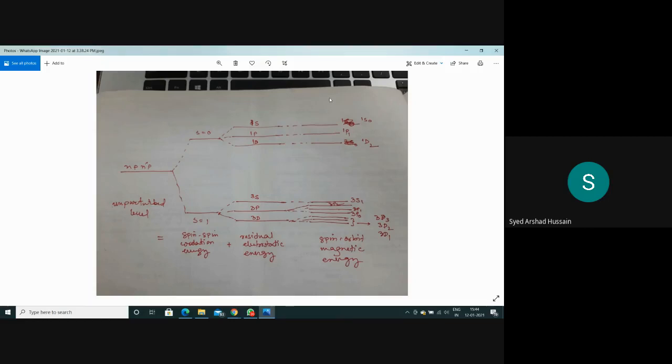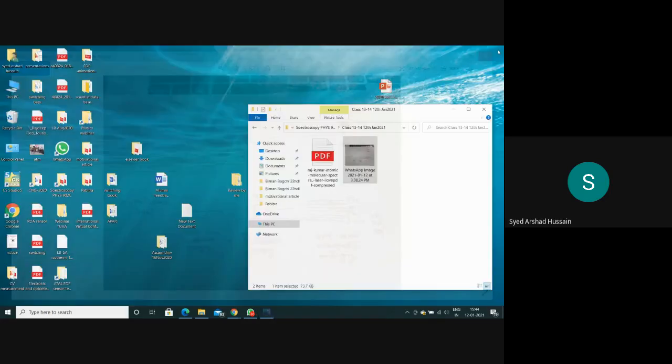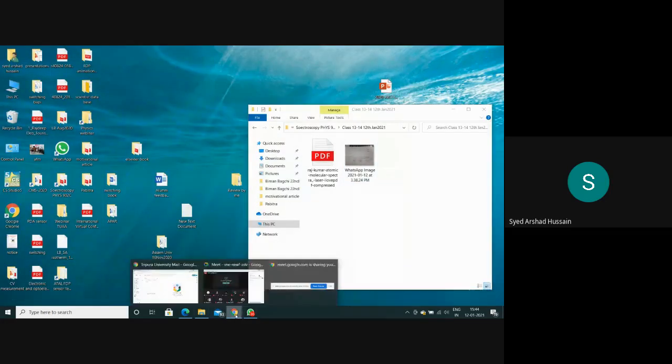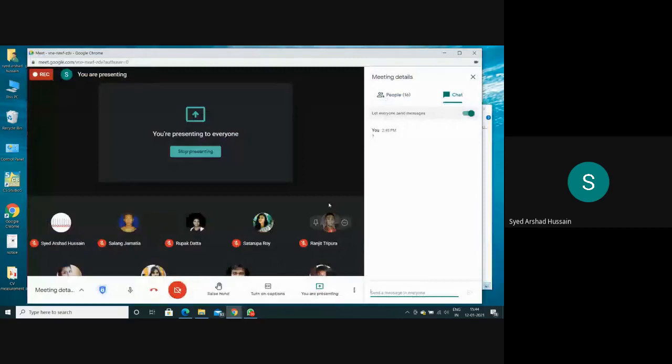Analyze the interactions between two optical electrons having configurations nd and n'd, np and nd. Then draw the energy level diagram. This is your homework for next class. Today we shall stop here. If you have any query, you can raise it, else we will stop.